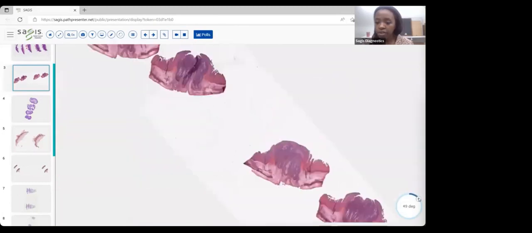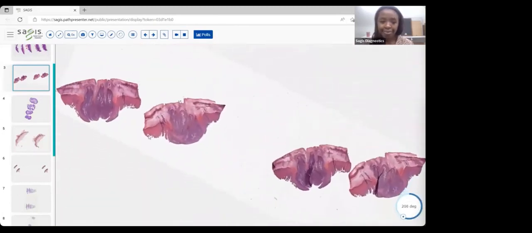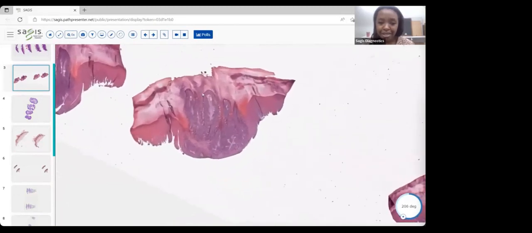Let's reorient here as well. So this is marvelous to look at, right? So you have this really prominent orthokeratosis. You know, this is thick, and then you notice this pinkish, reddish blush between the stratum corneum and the epidermis.